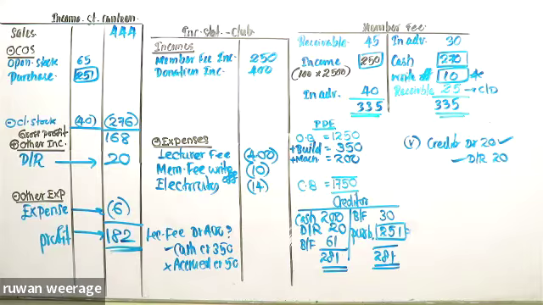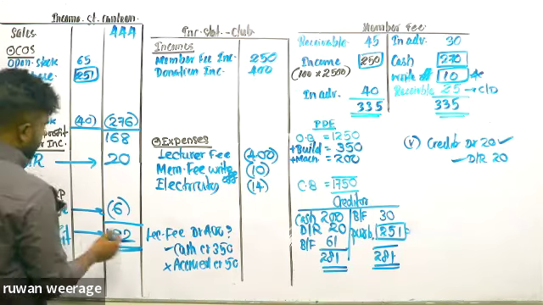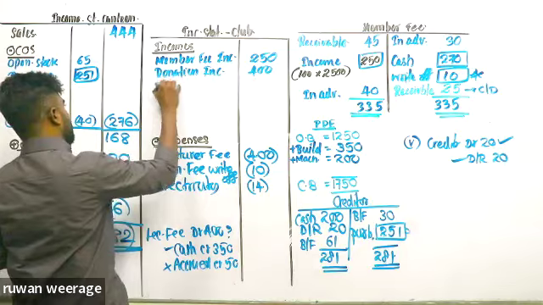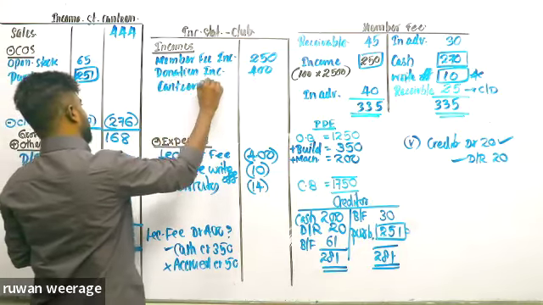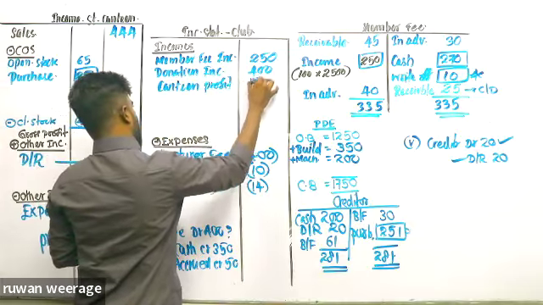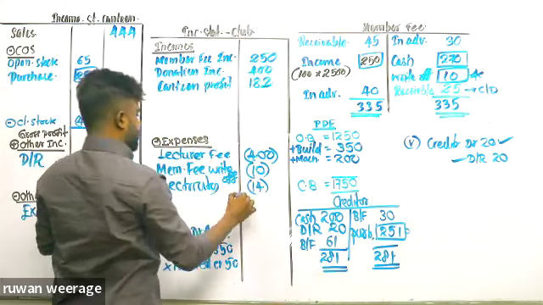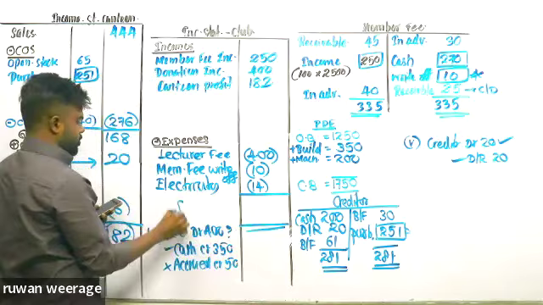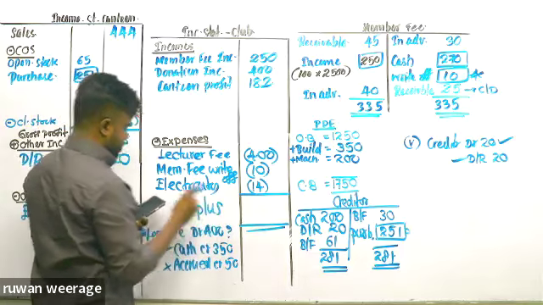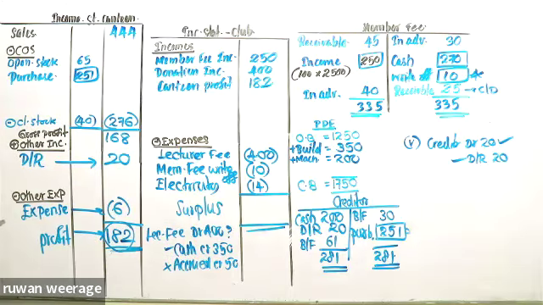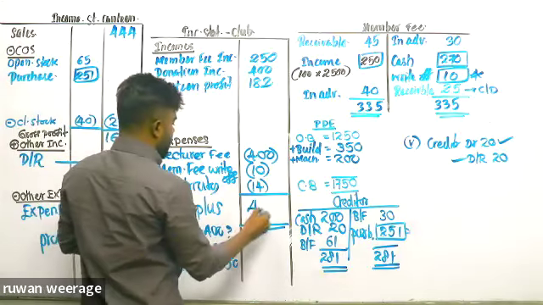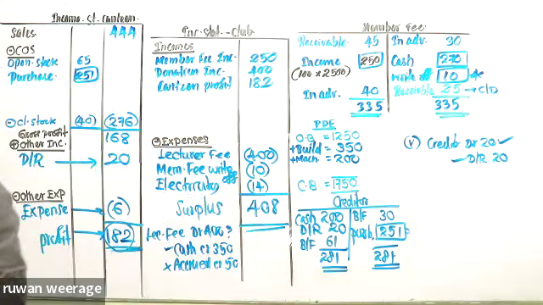Canteen profit? Yes, canteen profit, 182. This profit is recorded as an income of the club. Take the canteen profit. Get the surplus. Surplus 408.